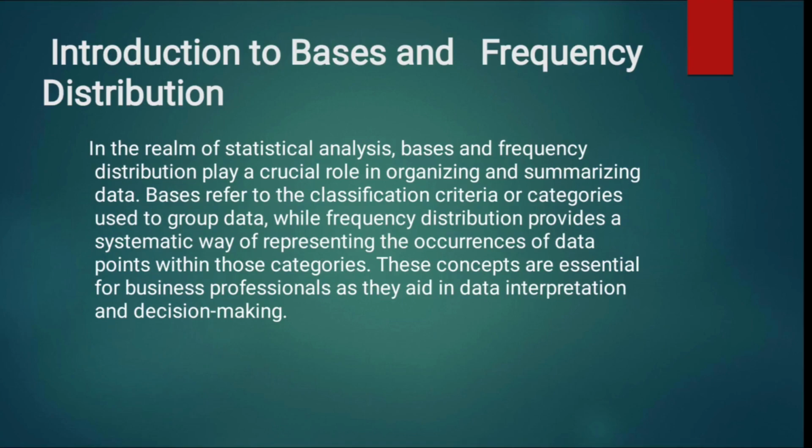Suppose the income group is 10,000. 5 persons are taking 10,000 rupees. Next, 8 persons of the company have a salary of 15,000 rupees. So these numbers of persons, 5 and 8, are the frequency of that discrete series.